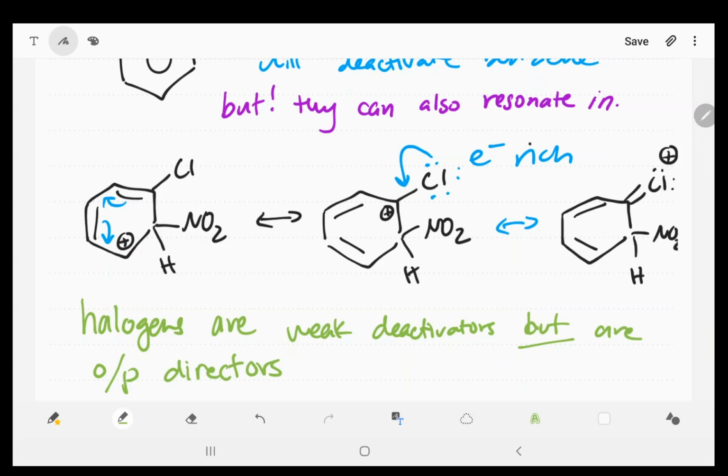So they still direct substituents to the ortho and para positions, but they do make your benzene less reactive. So if you want to end up nitrating this, you're probably going to have to heat it up a bit or something. You have to give it some extra energy to compensate for that.